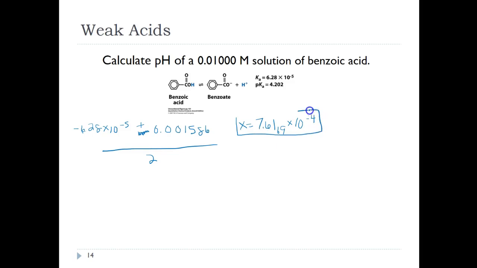If I go all the way back to our ICE table, that's the x value that I can put in our ICE table. From our ICE table, the molarity of H3O plus at equilibrium was equal to x. x is equal to 7.6169 times 10 to the negative fourth. So I now have enough information to solve for the pH.